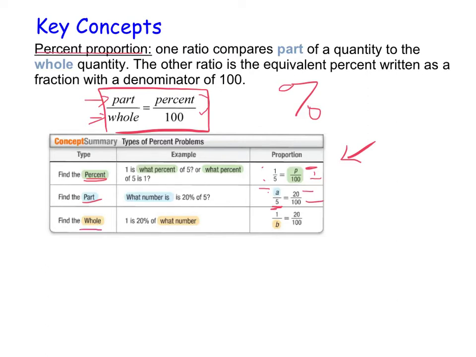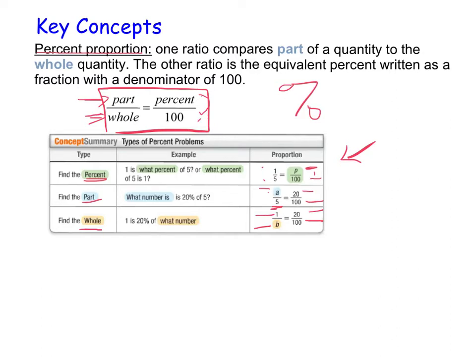And then if they're asking you to find the whole, for example, if they ask you 1 is 20% of what number, you would write 1 over B, or X, is 20 over 100. So these are all the types of proportions that you would set up. So of course the top is always going to be the part, the bottom is always going to be the whole, and then percent over 100.